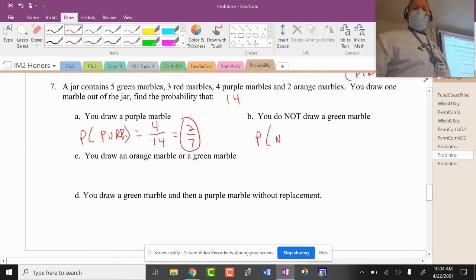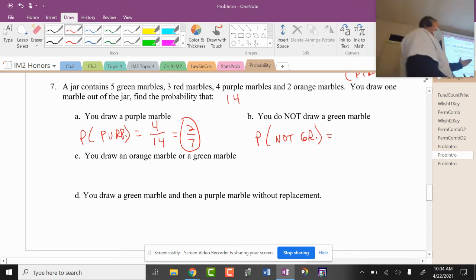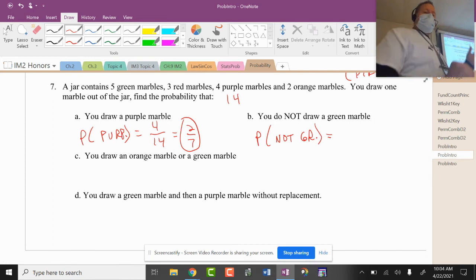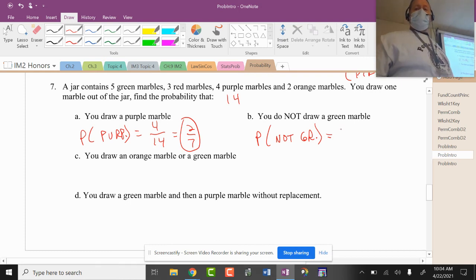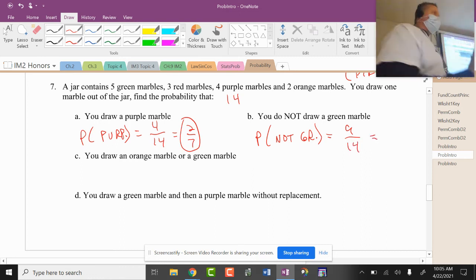So probability of not green, and I'll just stop at GR. Well, there's 5 green. Which ones are not green? All the other ones. So sometimes you could do 1 minus 5 over 14, or 14/14 minus 5/14, changing 1. Or we could just count the not greens. Oh, that doesn't reduce, so I can just stop there. So 9 out of 14.